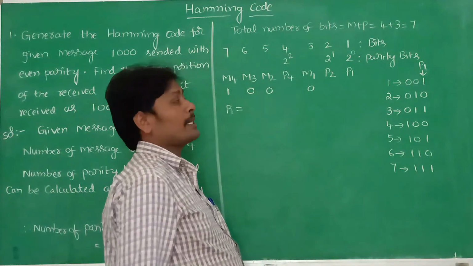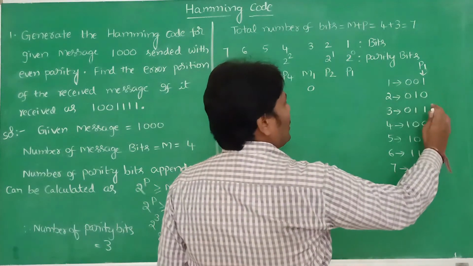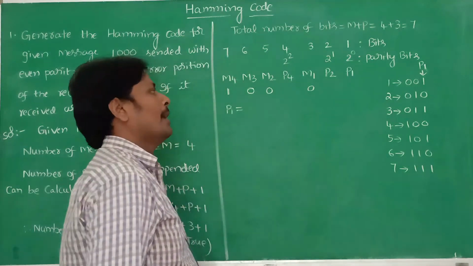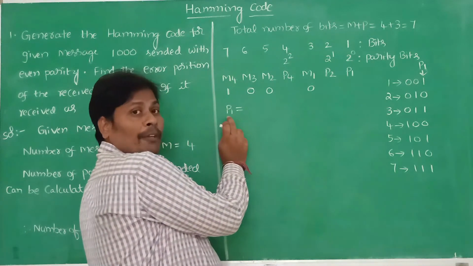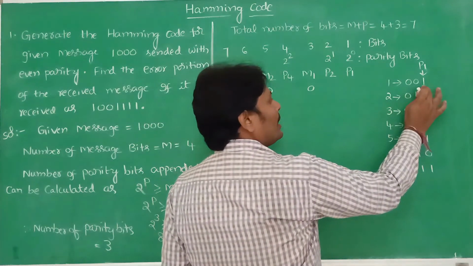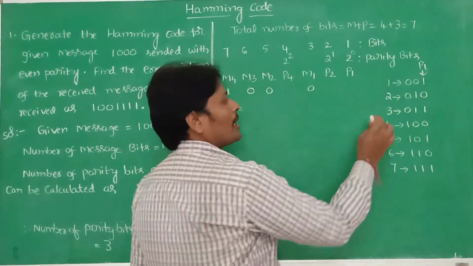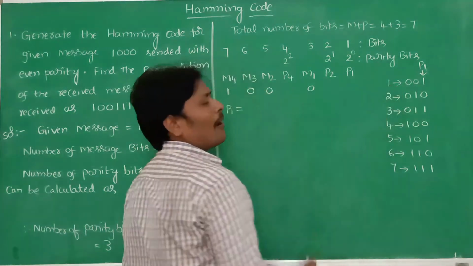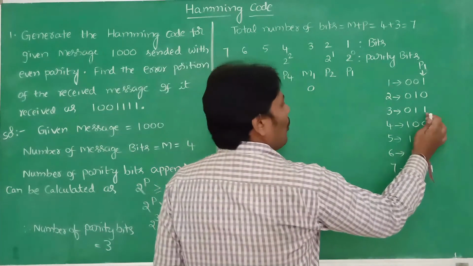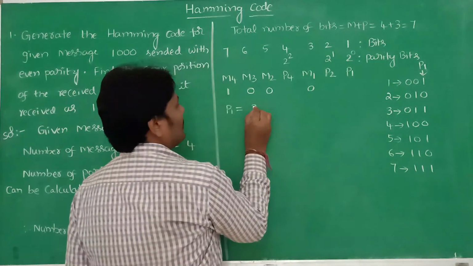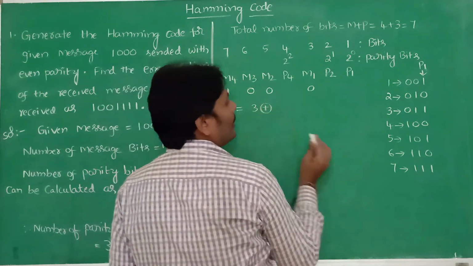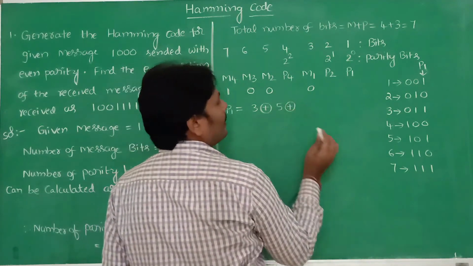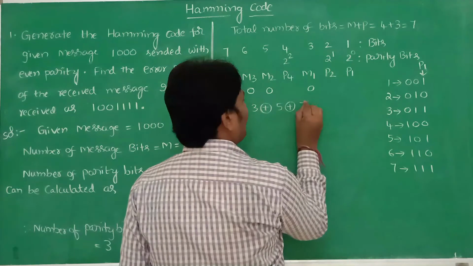Ones are present at the first, third, fifth and seventh positions. Since we are calculating P1, the first one is not considered. So 1 is there at 3, at 5 and at 7.